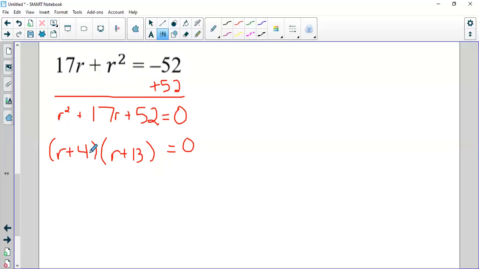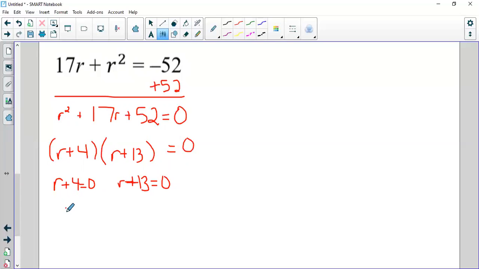So now one of these two binomials must be 0 to make the product 0. So I will separate them and solve each one individually. r plus 4 could be 0, or r plus 13 could be 0.